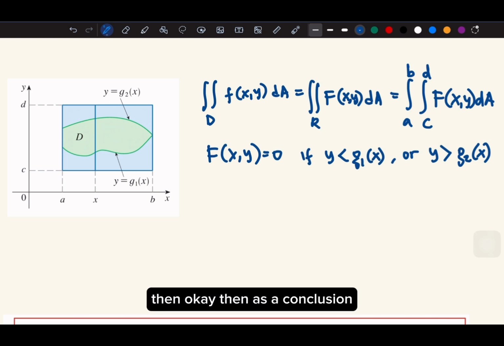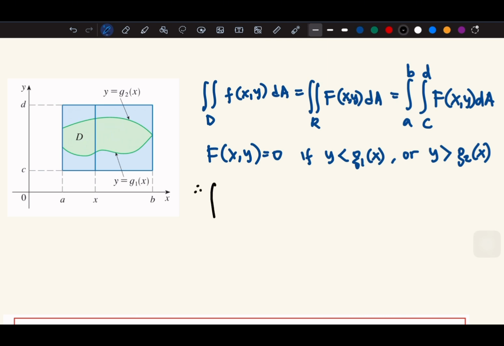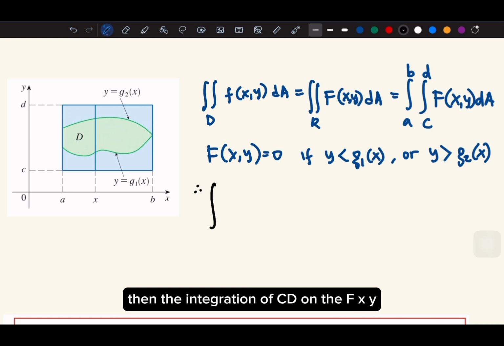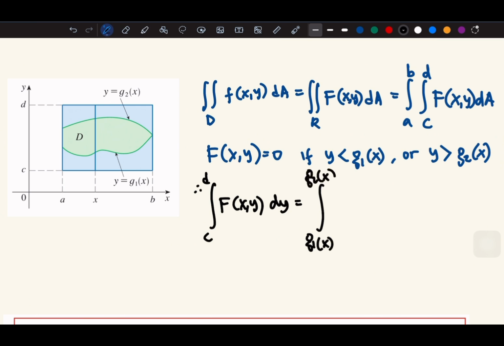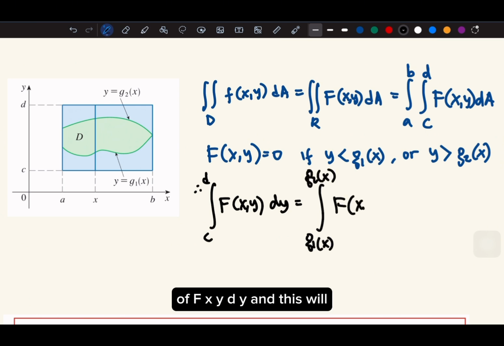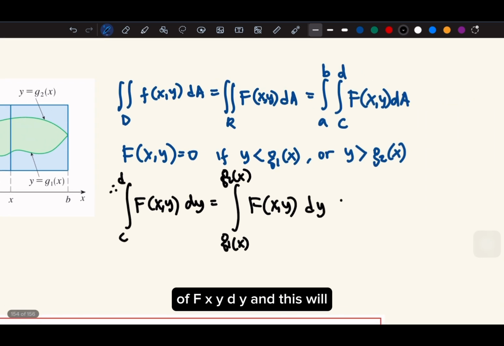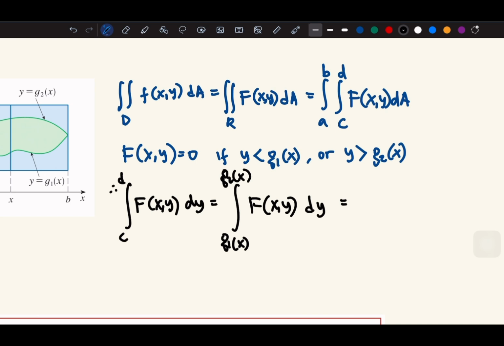Then, as a conclusion, the integration from c to d of F(x,y) dy will be equal to the integral from g1(x) to g2(x) of f(x,y) dy, and this will equal the small f.